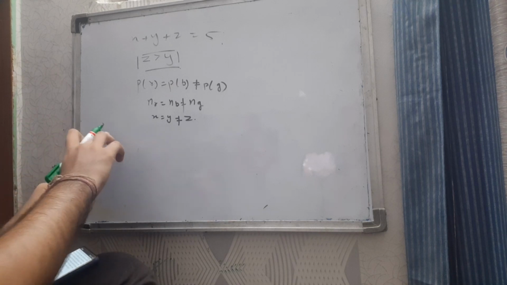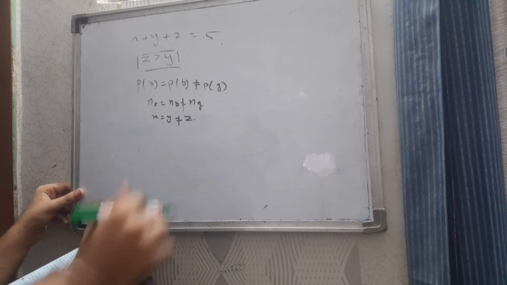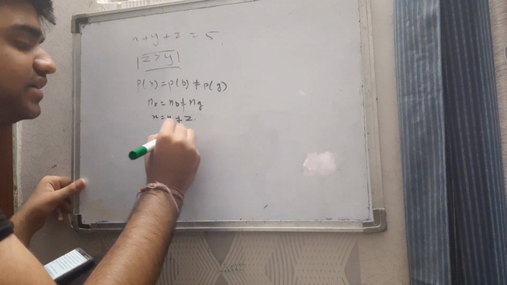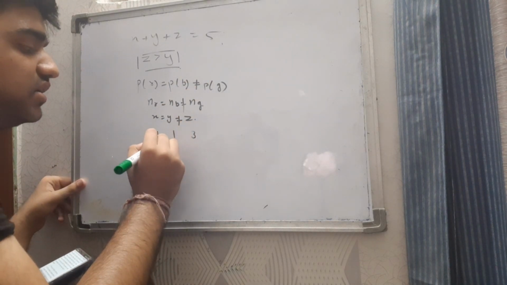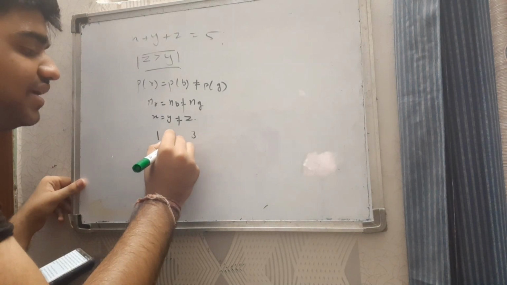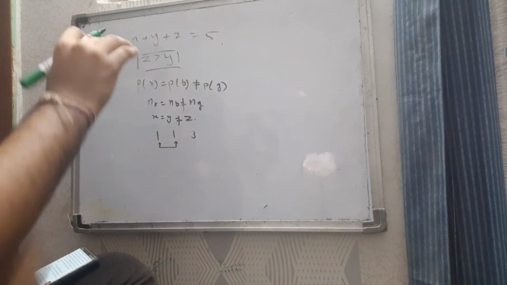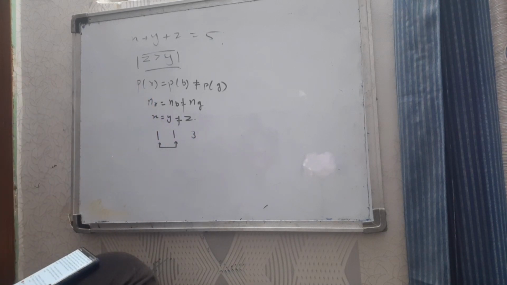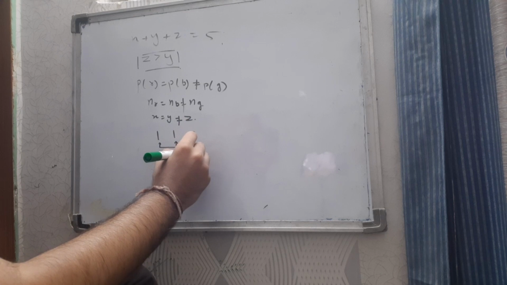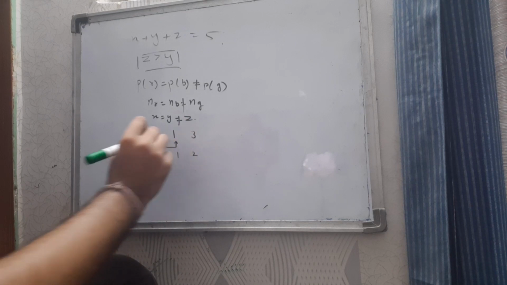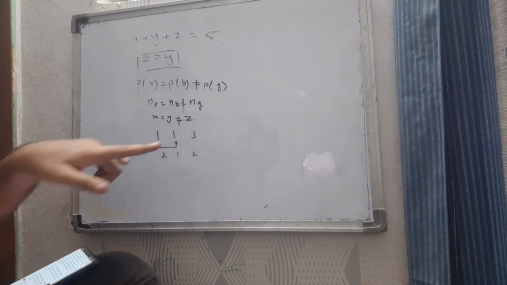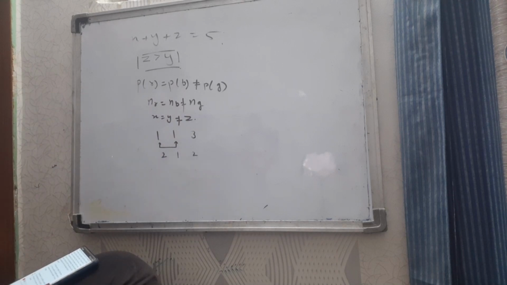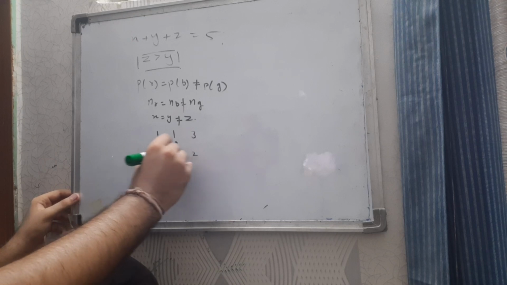So if we take some random values, we could get 3, 1, 1. So here the probability of red and blue balls is equal, and the probability of green ball is not equal to them. But in another case, if we take it as 2, 1 and 2, because we are not given any condition about red and green balls, whether they are equal, greater or less, this could also be a condition.